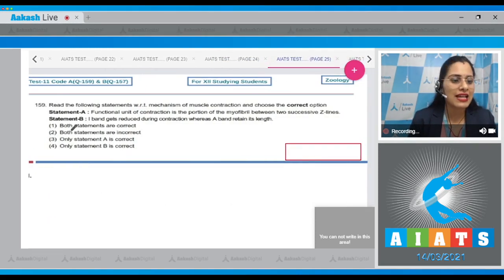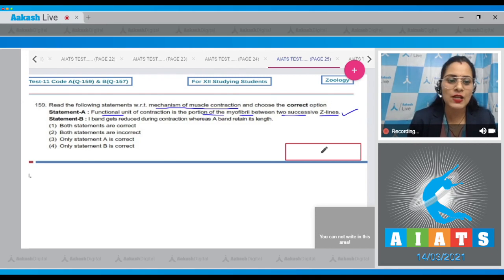Question number 159. Read the following statements with respect to mechanism of muscle contraction and choose the correct option. Statement A says, functional unit of contraction is a portion of myofibril between two successive Z lines.